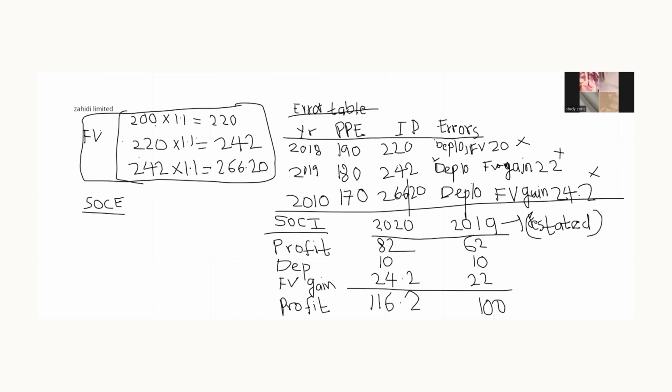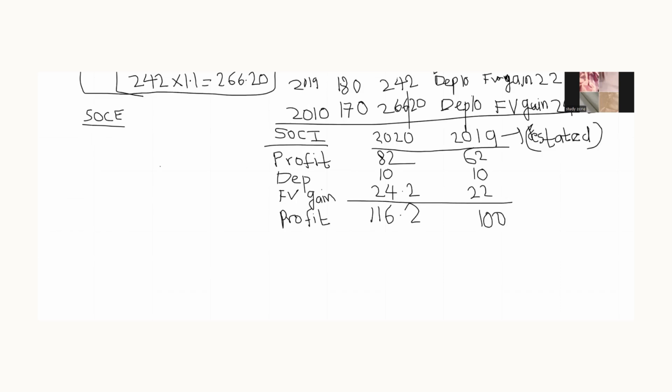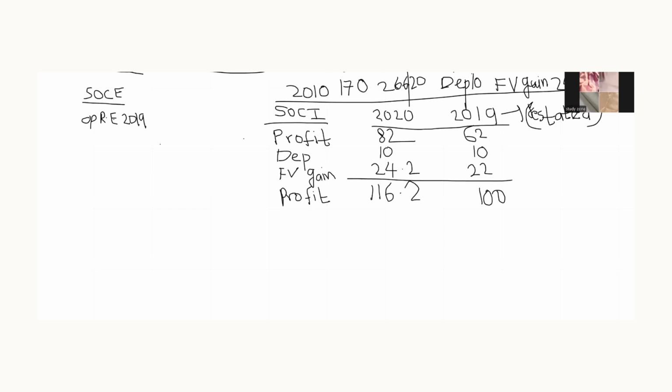So for SOCE, the opening retained earnings 2019 is 351 from the table we have been given.